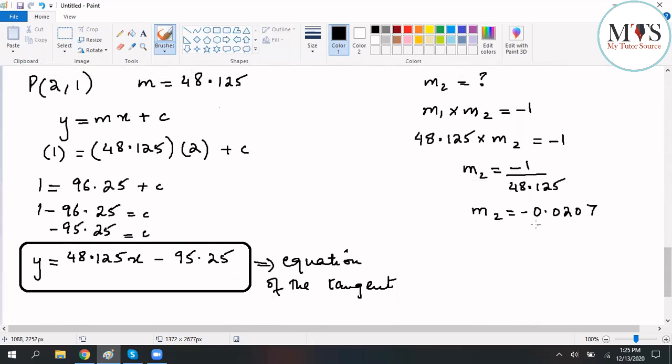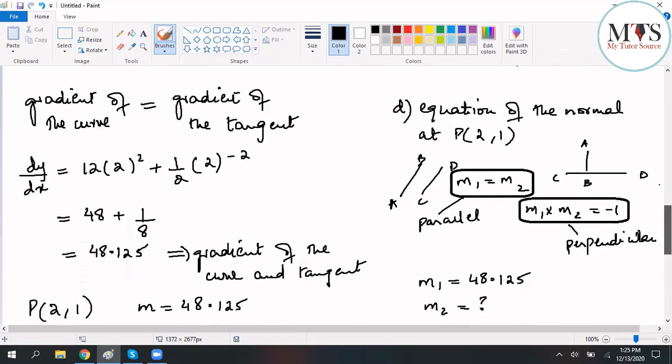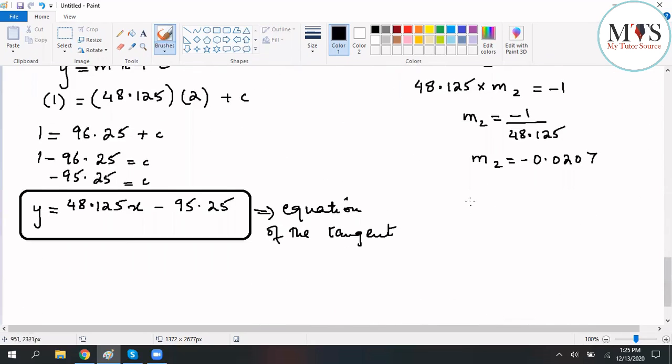Now we have the gradient, which is -0.0207. Once again, they gave the point in the question, which is (2, 1). So you repeat the steps. y equals mx plus c. 1 equals -0.0207 times 2 plus c.